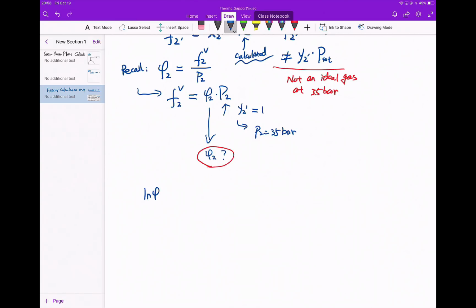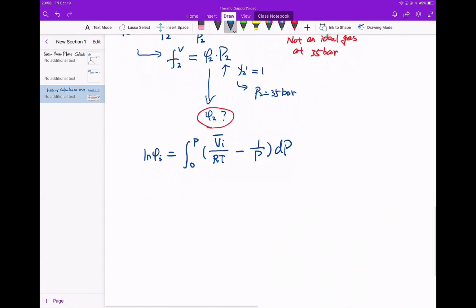Log phi i would be the integration from 0 to P, at constant T, P, x, of Vi, partial molar volume of component i, over RT minus 1 over P, dP. Okay. So we feel like we have to use this in order to calculate the fugacity coefficient of 2.